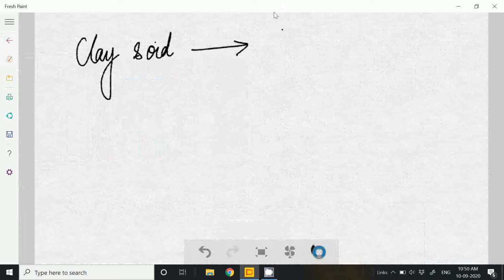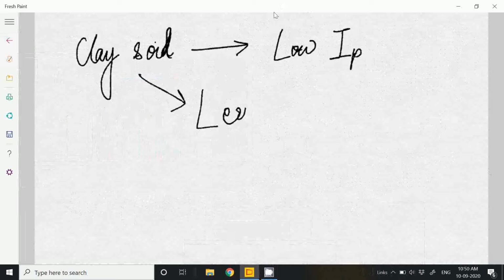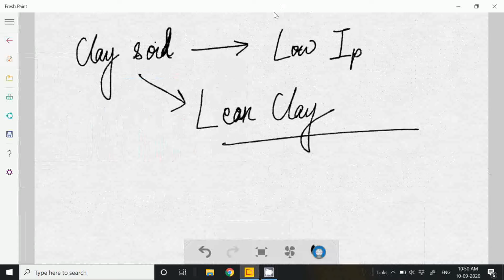If you find some clay soil with a low value of plasticity index, then this is called lean clay.